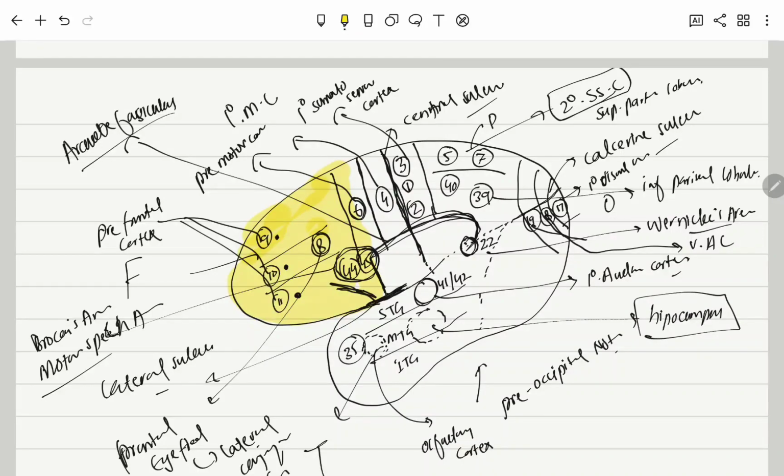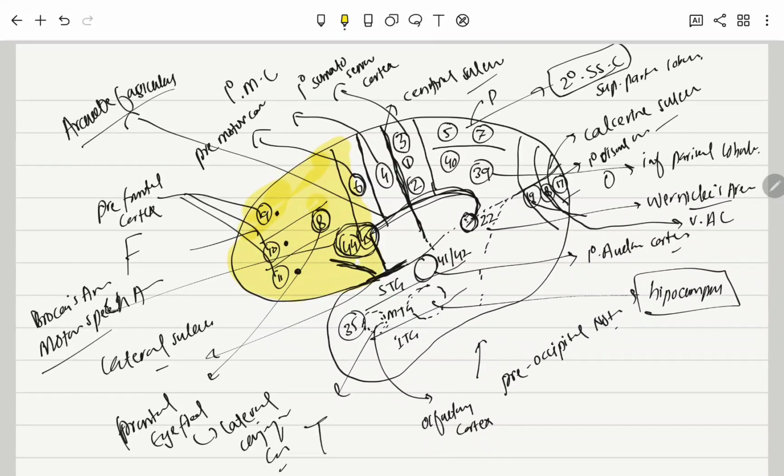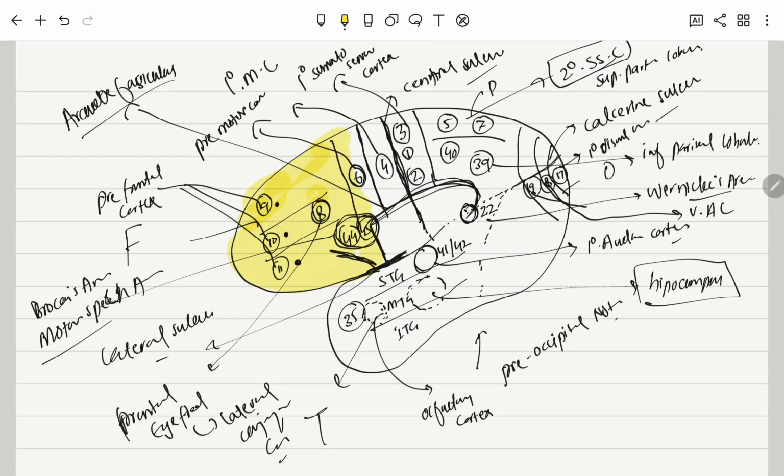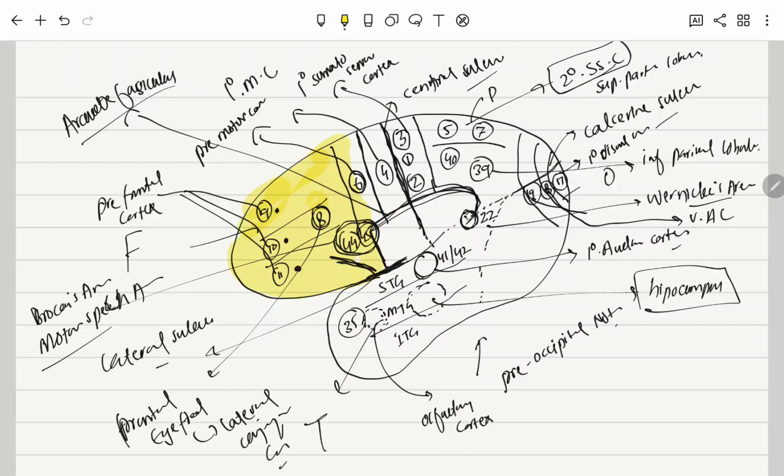So 9, 10 and 11, the prefrontal cortex, are involved. Brodmann area 8, the frontal eye field, is in the frontal lobe. Broca's area, also called the motor speech area, is also in the frontal lobe. We have the motor cortex, also in the frontal lobe, right? So this area is all frontal lobe.